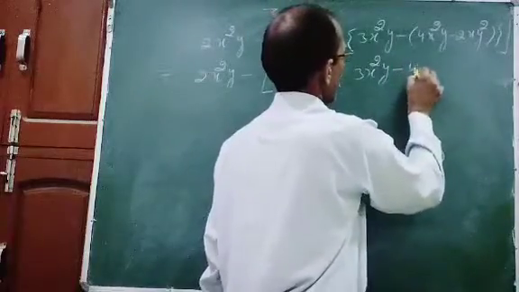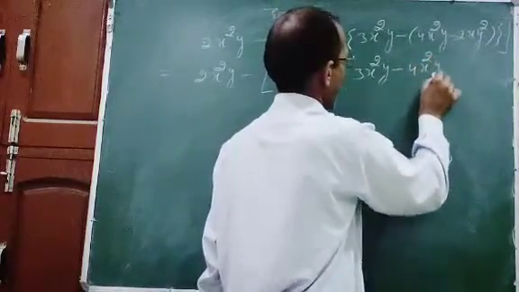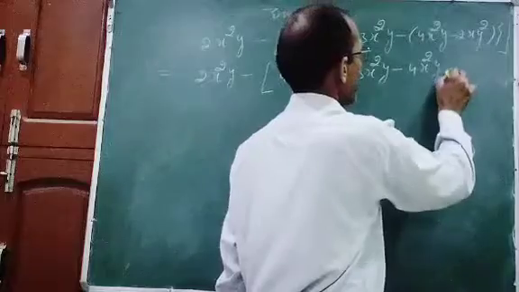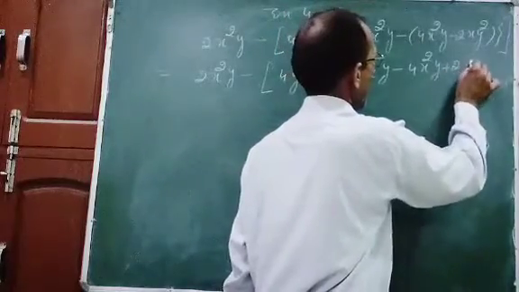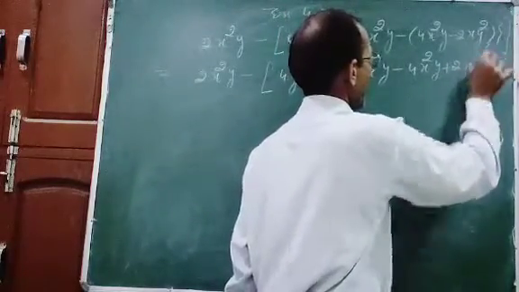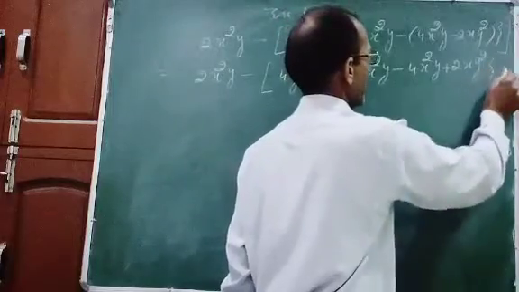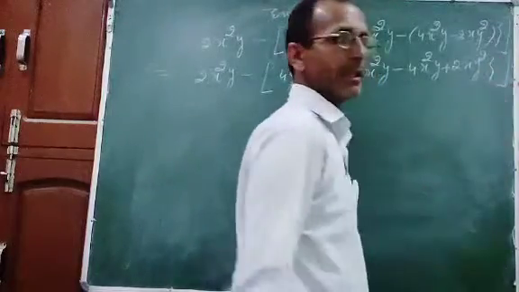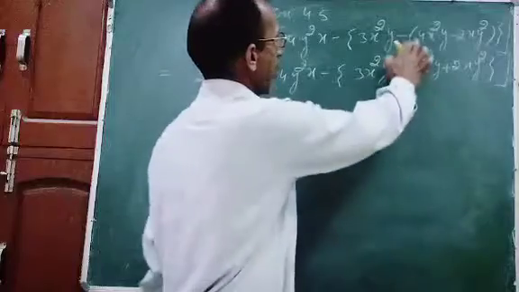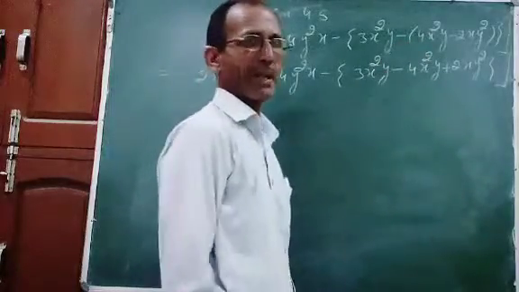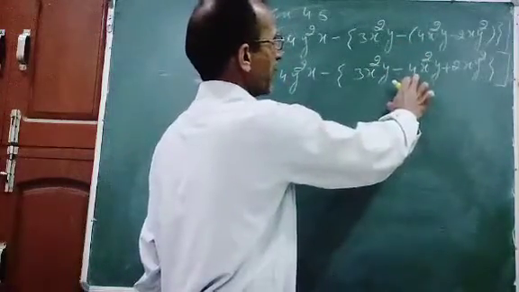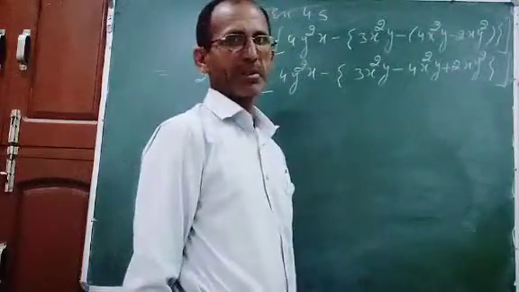Outside of the small bracket there was minus, so it becomes minus 4x square y plus 2xy square.